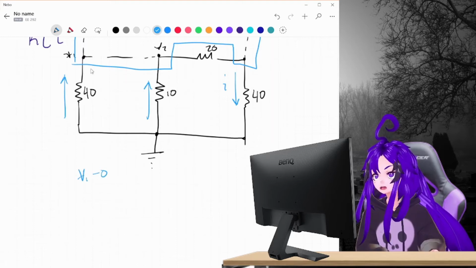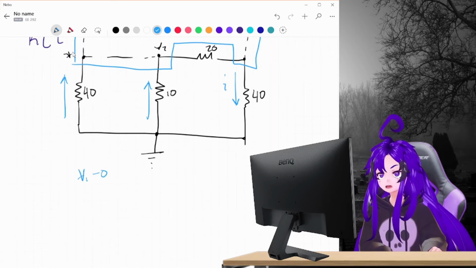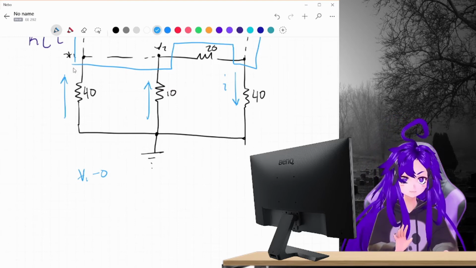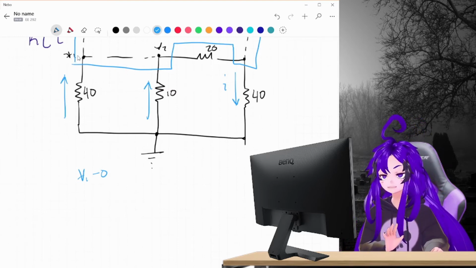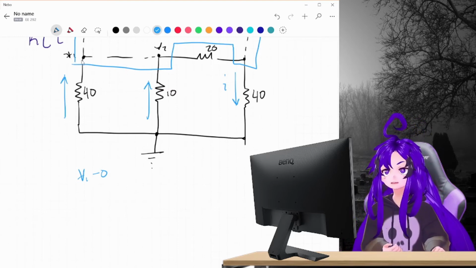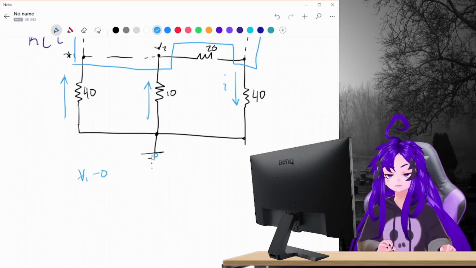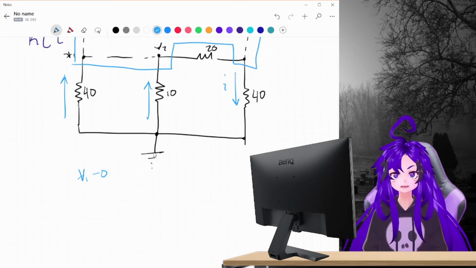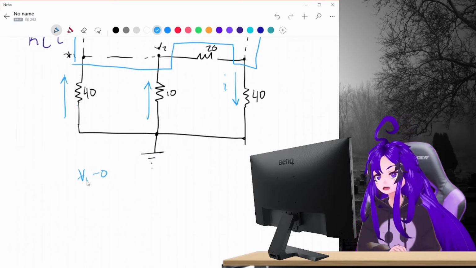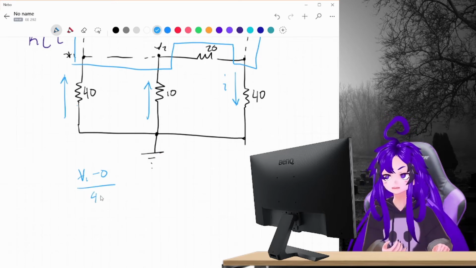V1 minus 0, because we're starting here. V1 is part of our supernode, and its current will traverse this from the ground, the reference node. So V1 minus 0 over 40.